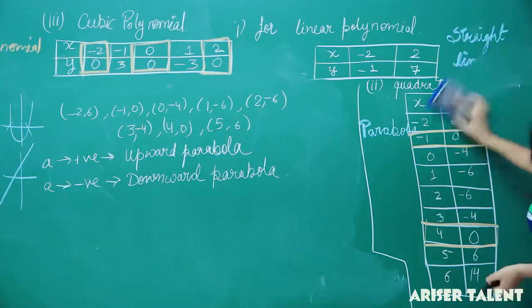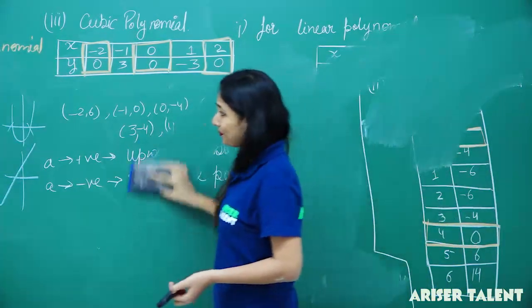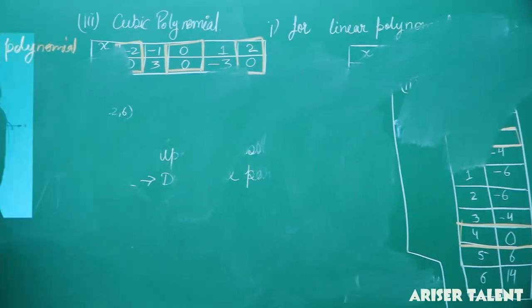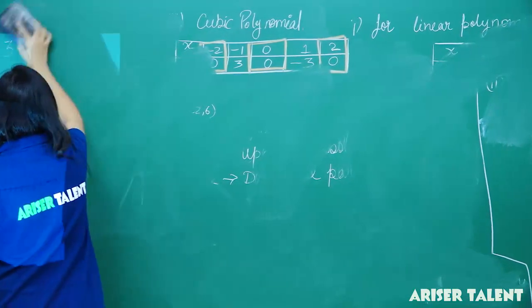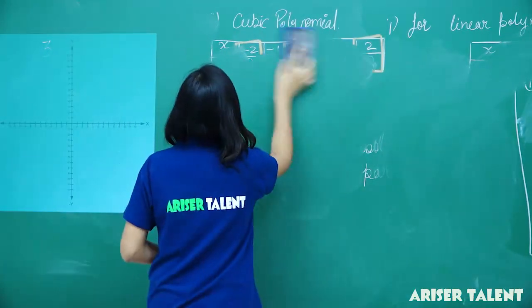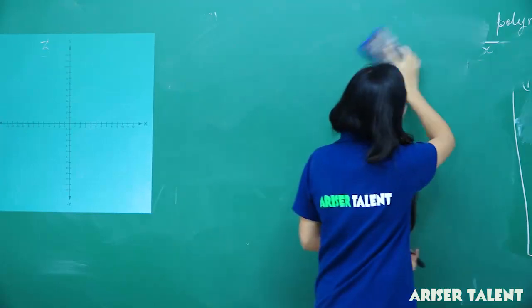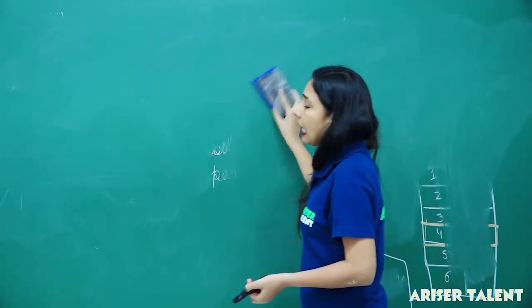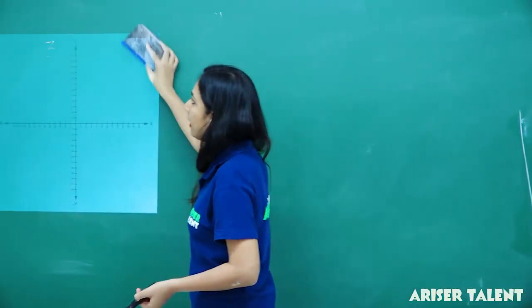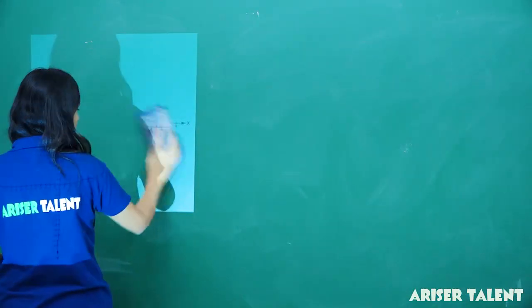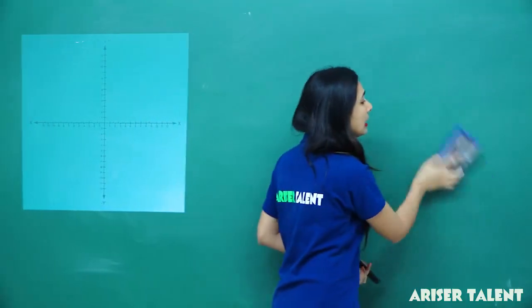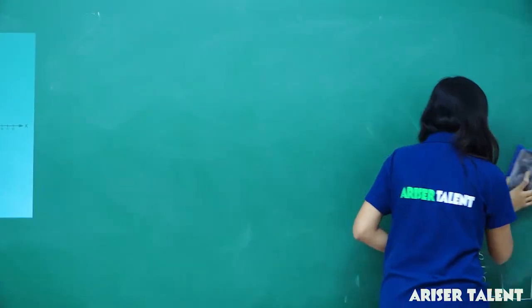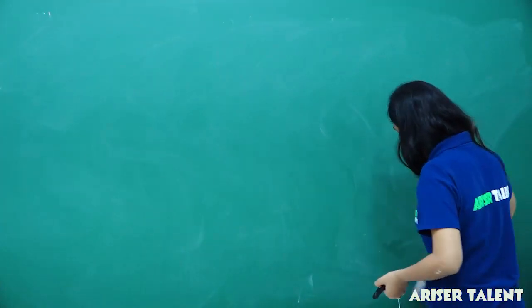So students, we have seen the linear polynomial, quadratic polynomial and cubic polynomial. And we have done a question and plotted it on a graph and satisfied ourselves that if you are having a linear polynomial, you can have at most only 1 zero of polynomial.